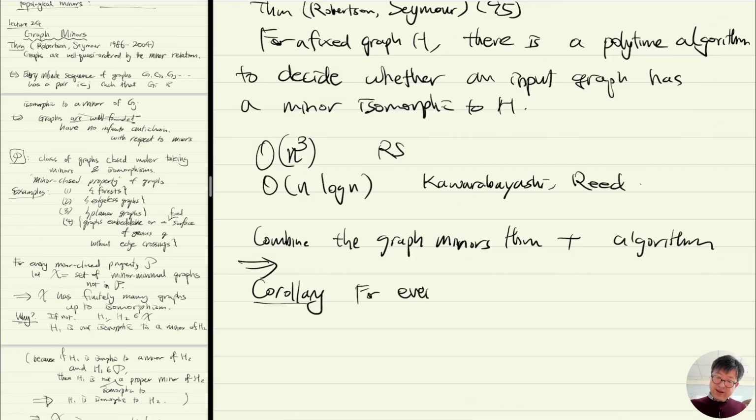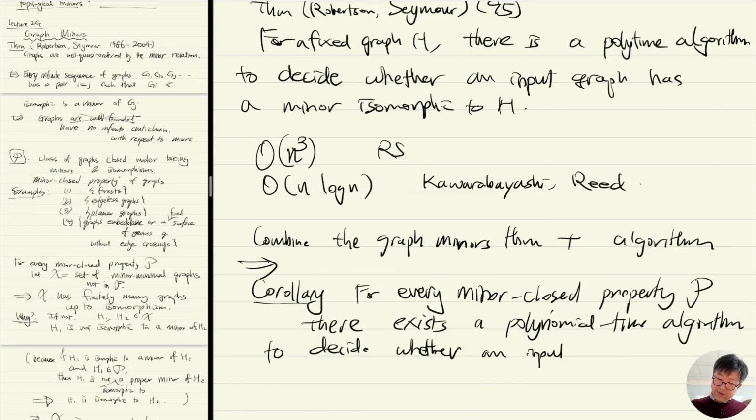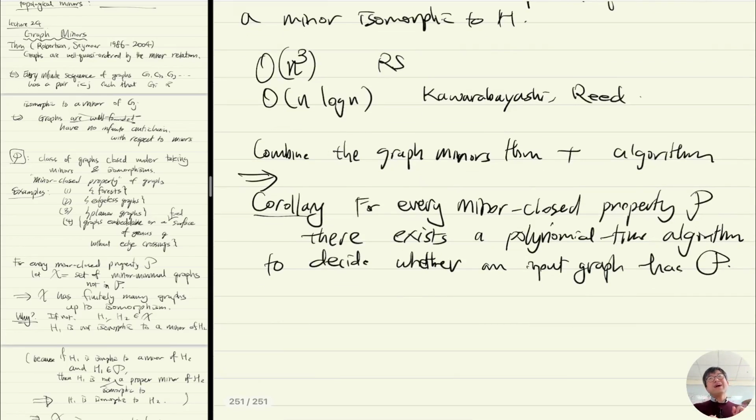For every minor closed property P, there exists a polynomial time algorithm to decide whether an input graph has P. Okay, so for any minor closed property of graphs, there exists a polynomial time algorithm to decide whether an input graph belongs to P, and the running time is even n log n.